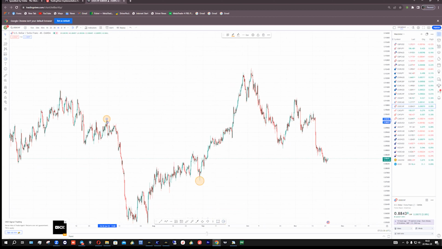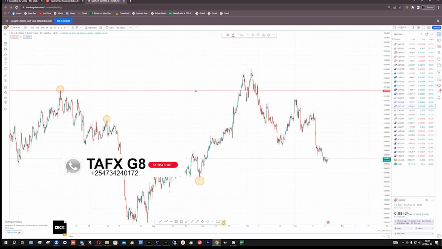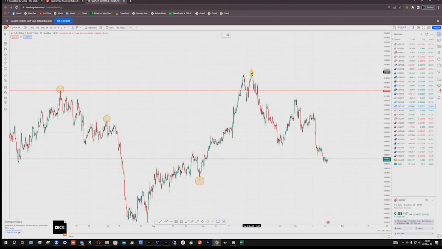Then the market broke this area, and after breaking it, that's where we got our higher low. The highest point is here, not here. From that area, we were waiting for the market to break an inducement so that we can get our next higher high, which is this one.